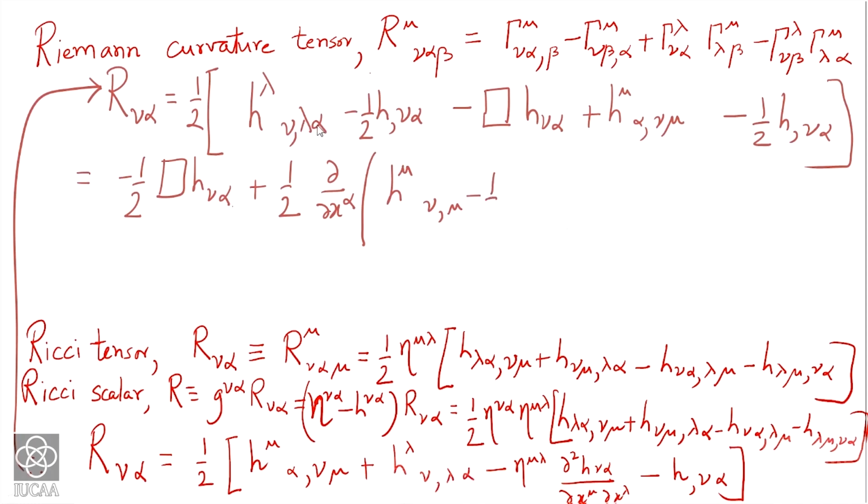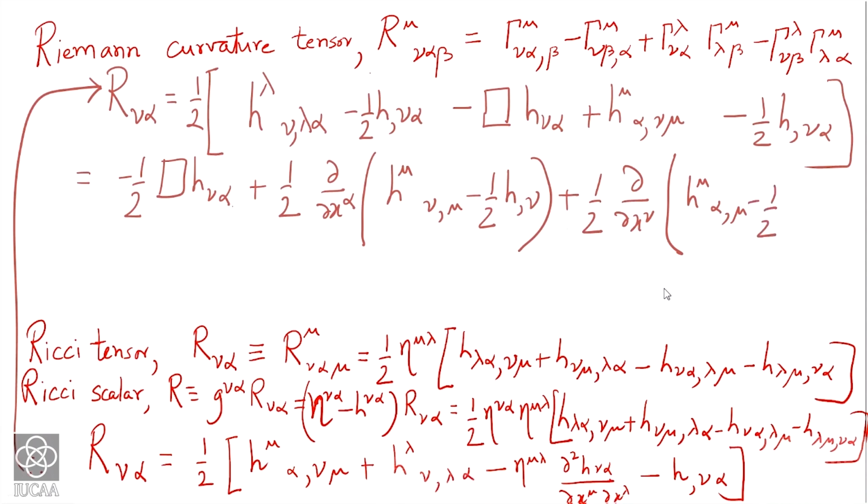Similarly, here I have minus half h comma nu, because the alpha derivative has been taken into account. Then there is this term. Again, you can see that here there is a new derivative which is common. So, I can take plus half del by del x nu, then I have h mu alpha comma mu minus half h comma alpha. Okay.